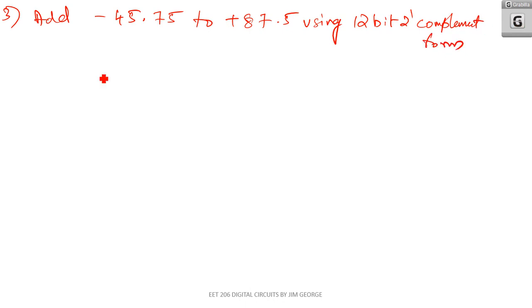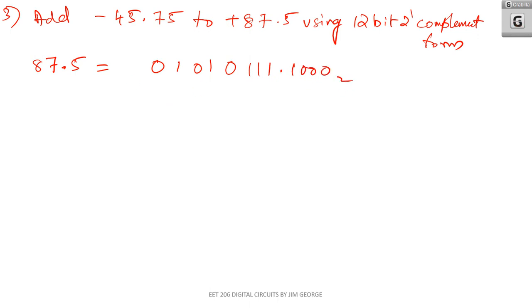Okay. So what is basically 87.5? 87.5, if you are converting it into binary, I am not going to do the entire calculation. If you are taking it into binary, you will get it as 0 1 0 1 0 1 1 1 .1000. This is the base 2.